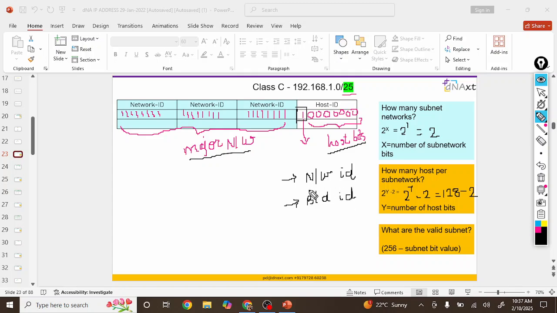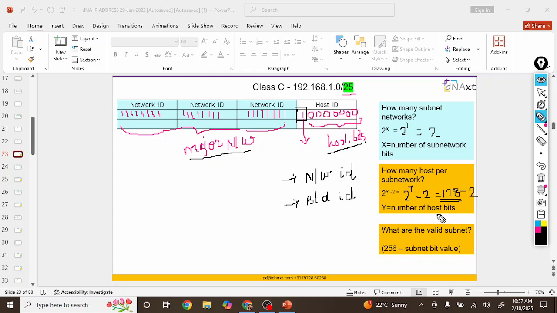The network ID is the ID with the help of which your subnetwork is identified over the internet, and the broadcast ID is used to broadcast within the subnetwork. These two IP addresses you cannot assign to any host, and hence we always subtract 2 from the number of IP addresses to get the number of hosts. So the number of hosts is 2 to the power number of host bits, minus 2.